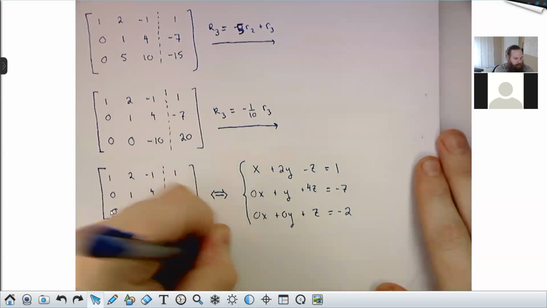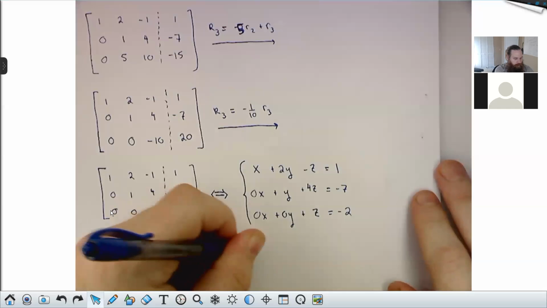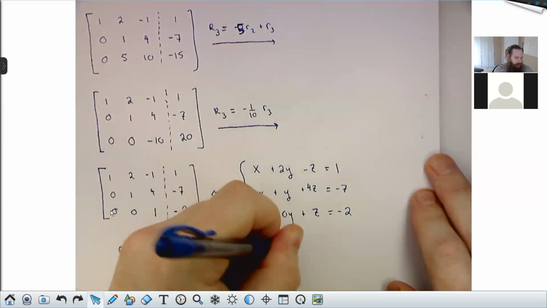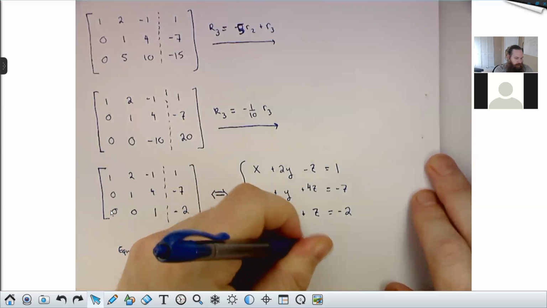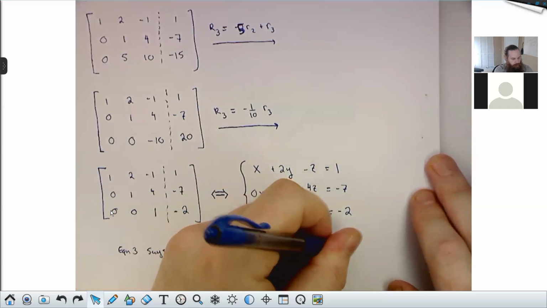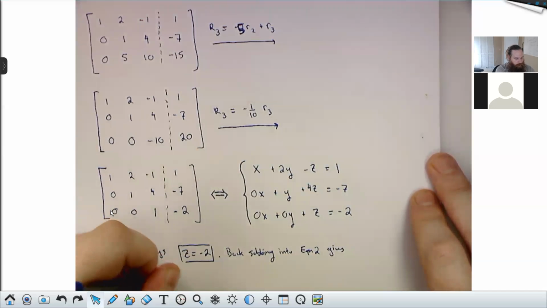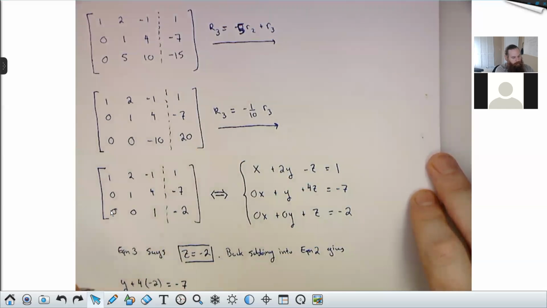Back subbing this into equation 2 gives, well, it's equation 2. Equation 2 says y plus 4z equals -7. So y plus 4 times -2 equals -7.